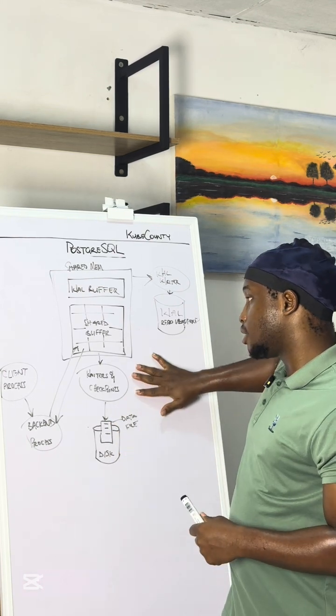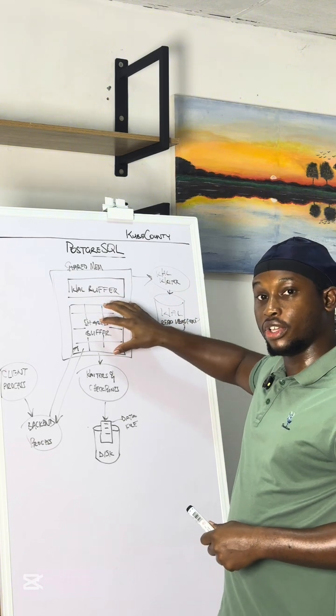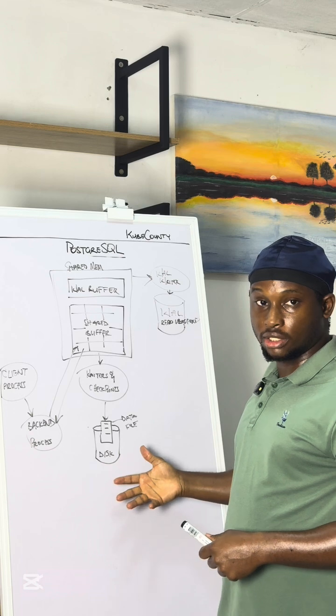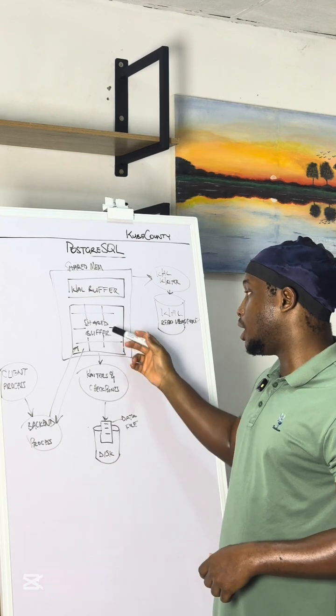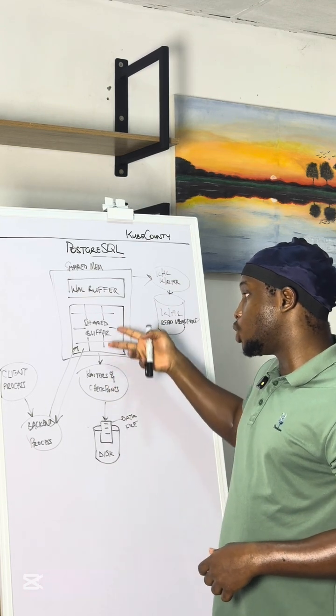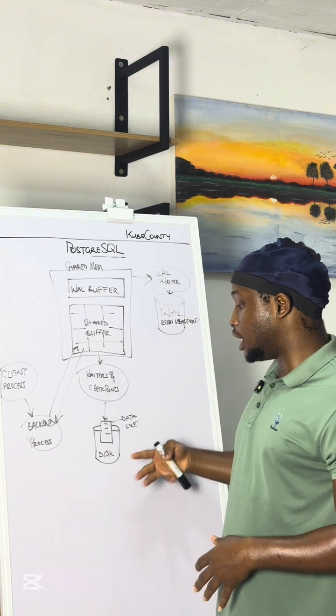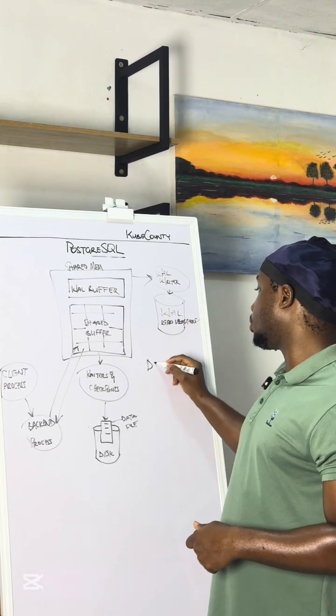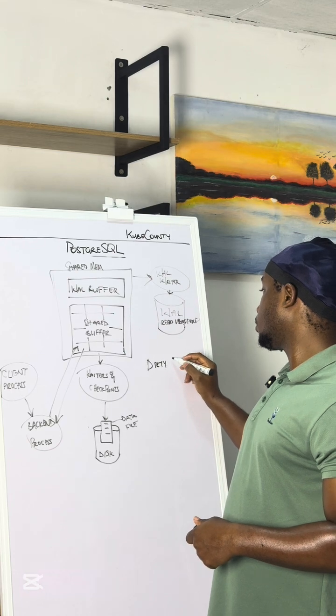The writers basically write changes and modifications made to the files in your shared buffer to the disk. So if a change is made here, the writers help to ensure that that change is also reflected on the file inside the disk. And with checkpoints, there's something called dirty buffers.